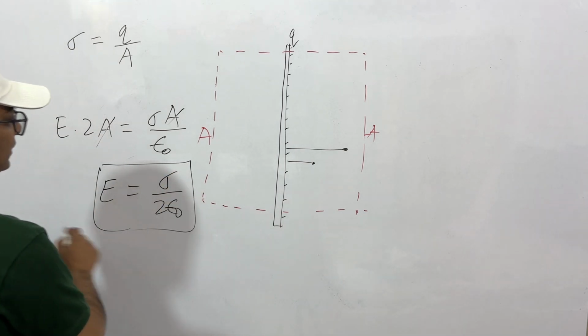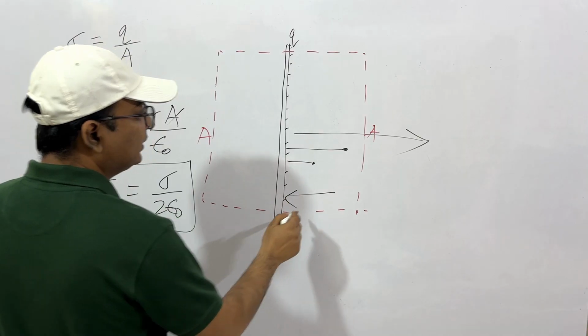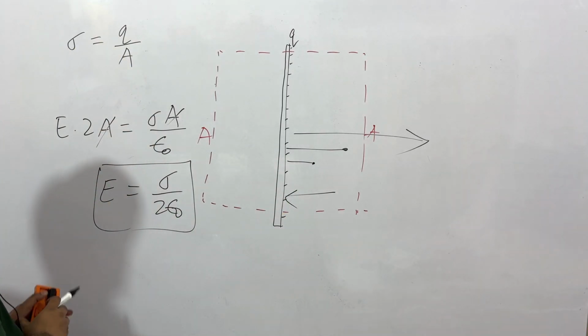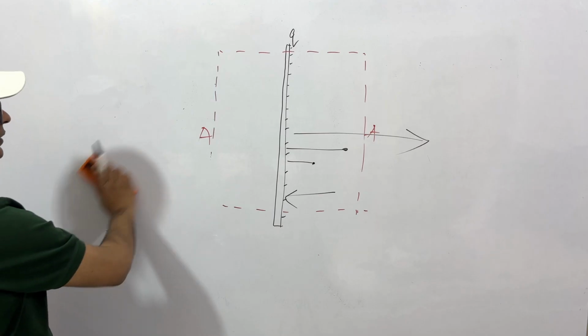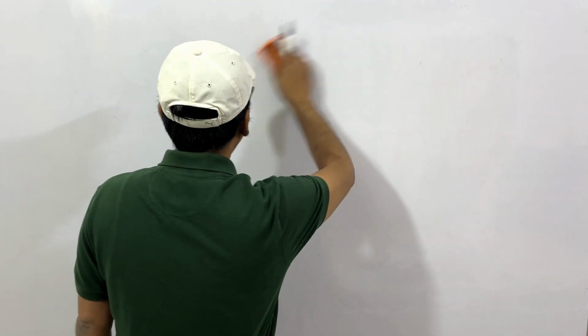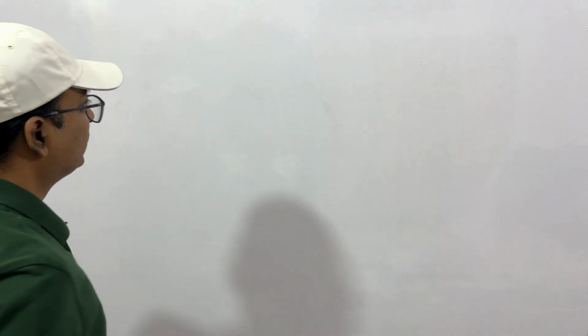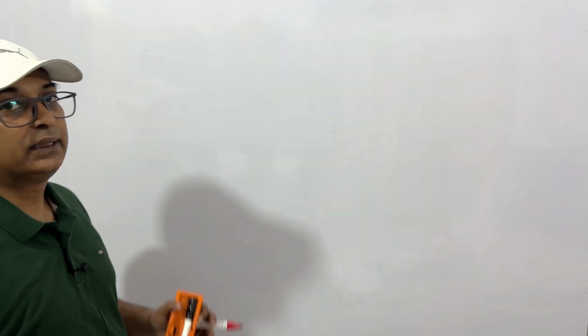So this is the case. If Q is positive, it is in this direction. If Q is negative, it is in this direction. Okay, so this is electric field intensity at a point away from an infinite sheet because of a surface charge density sigma.